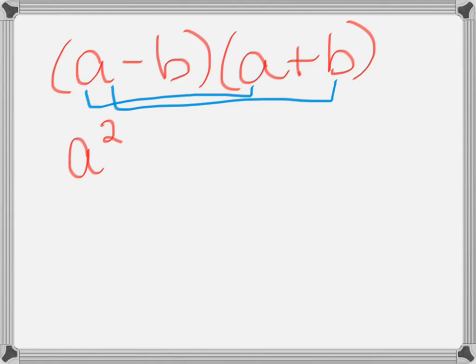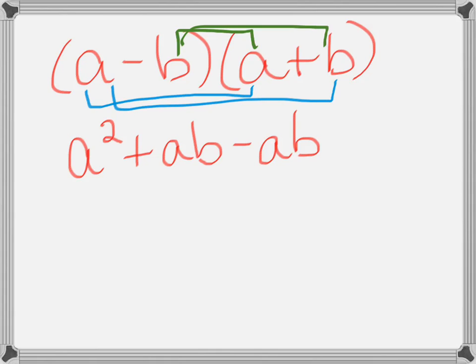And then I'm going to multiply the a times the positive b, which gives me positive ab. Then I'm going to multiply negative b times a, which gives me negative ab, because I have a negative b times a positive a. Then I'm going to multiply negative b times a positive b, which gives me negative b squared.